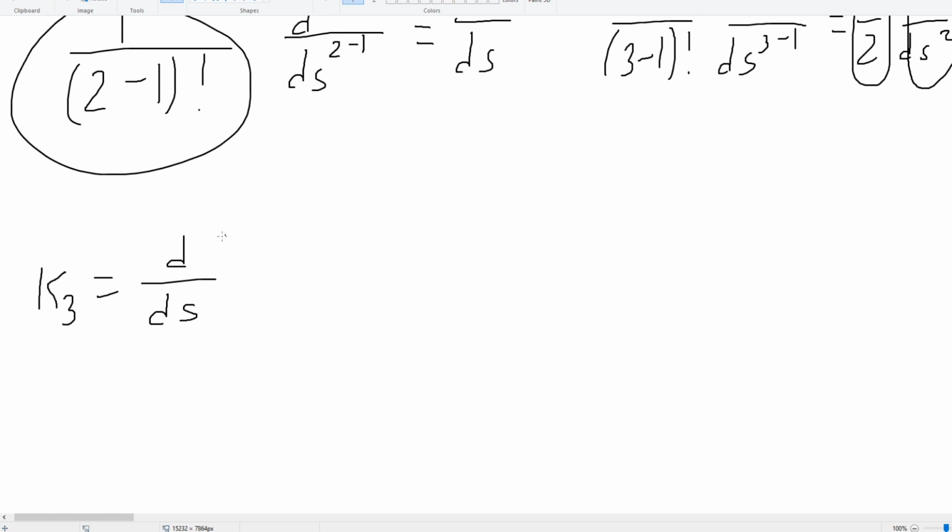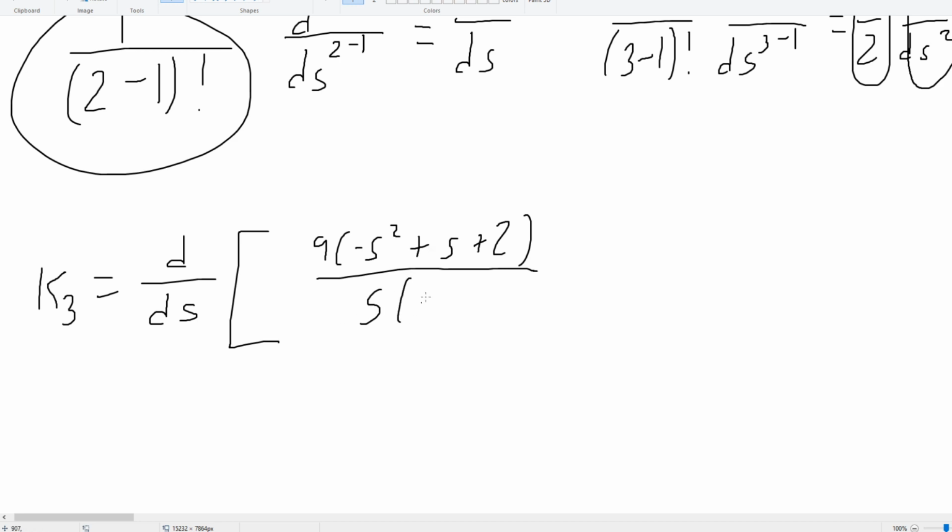If it's being squared, then you only take one derivative. If it's being cubed, then you just have to remember 1 half and then two derivatives. So, d/ds, now this is going to be 9 times negative s squared, plus s plus 2, over s times s plus 6.